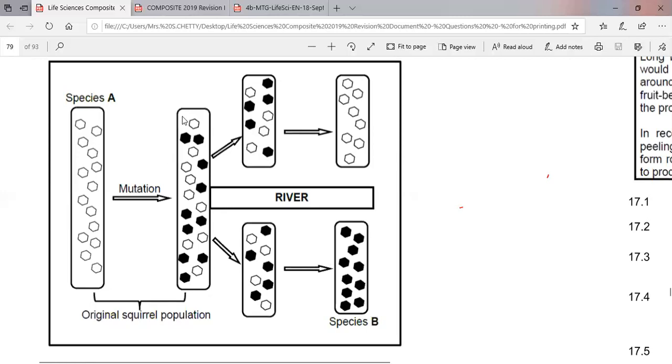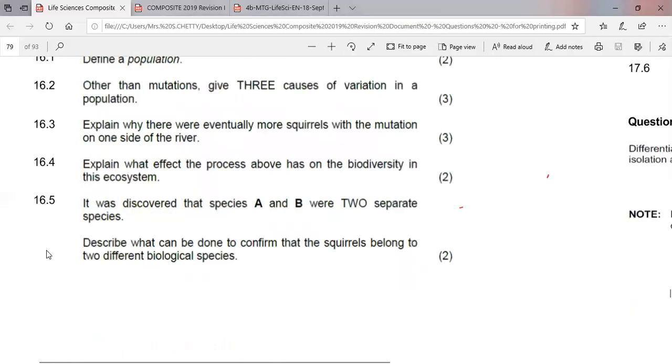There's mutation. This is a species, but that has now brought about variation. It's not two different species here. But once this happens, you have one species here and another species here. So from one species, you now have two different species. So you have increased biodiversity.